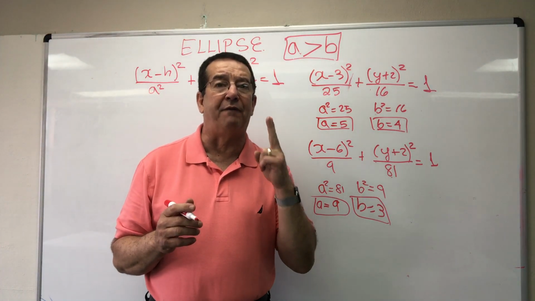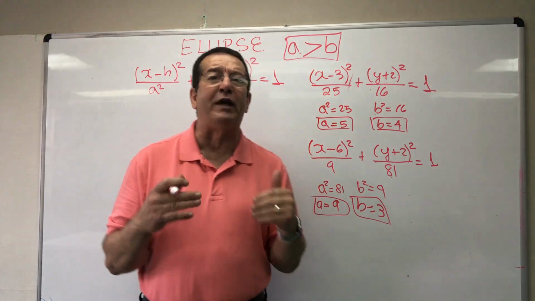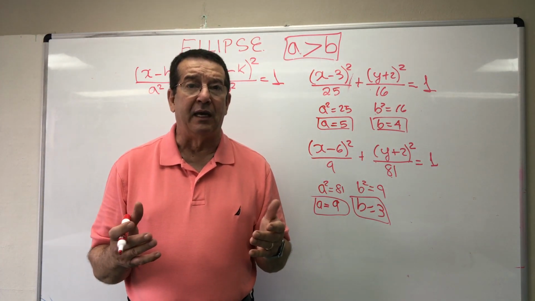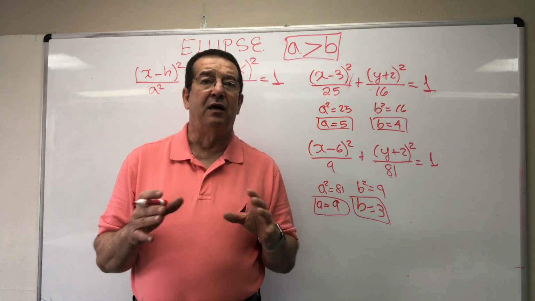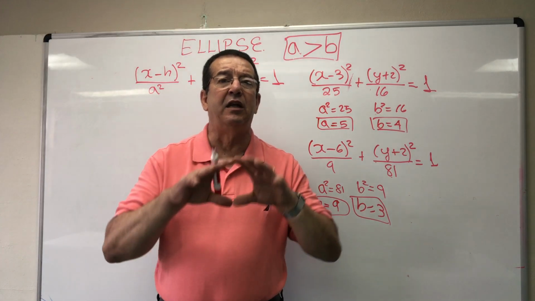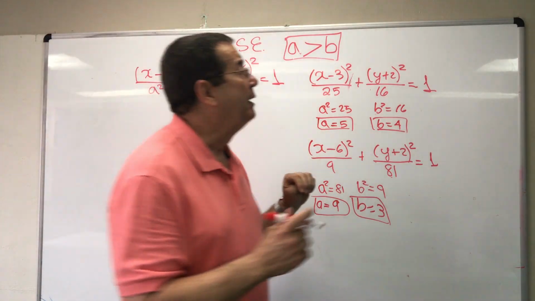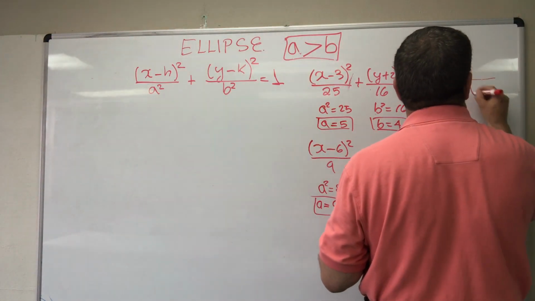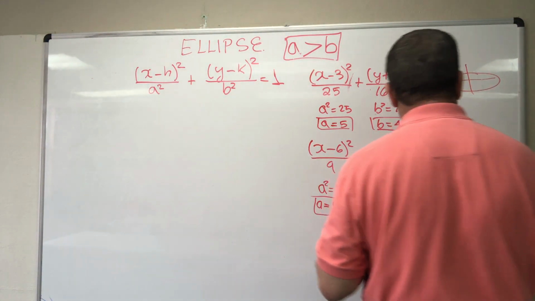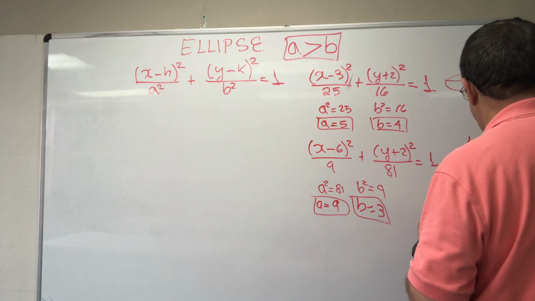Number two, very important topic. You need to identify if the ellipse is in vertical position or horizontal position, okay? This is horizontal, and in this case, it's going to be vertical.